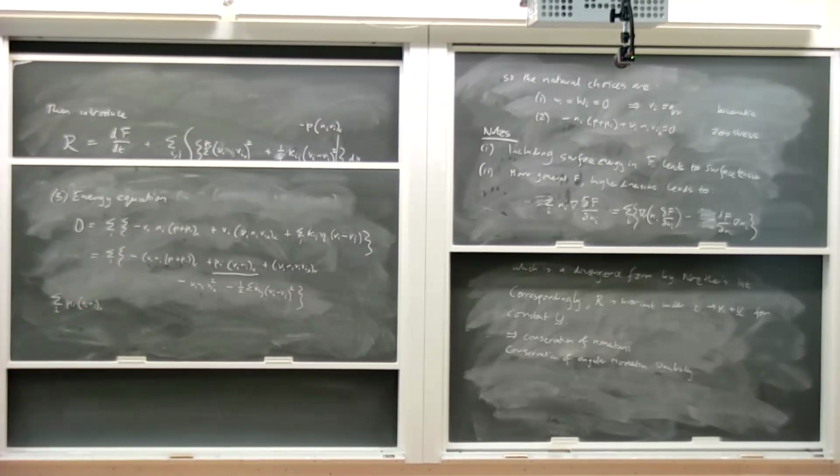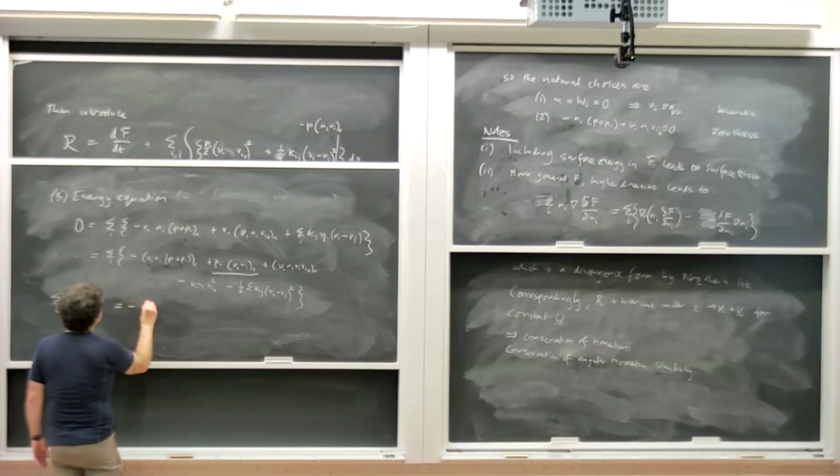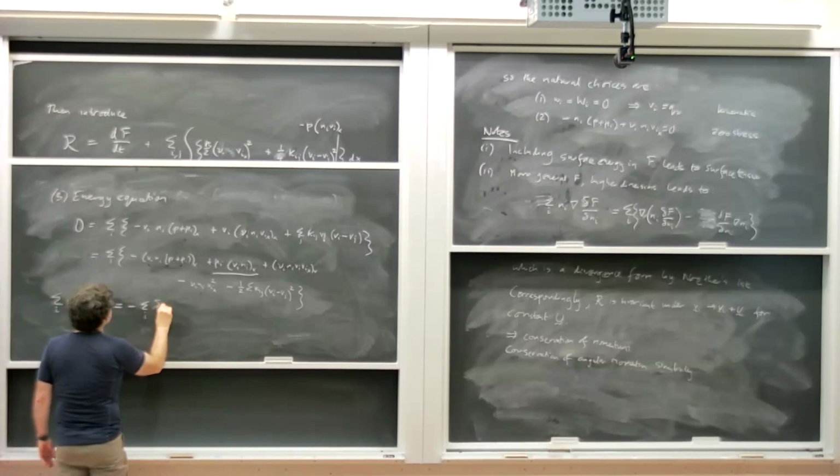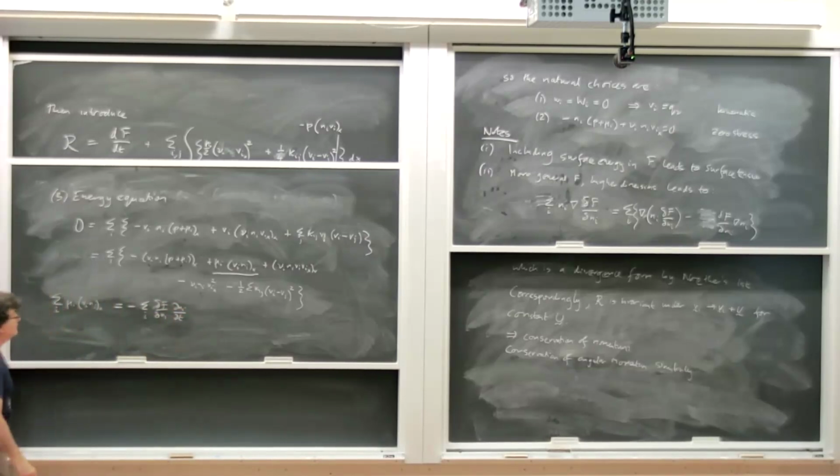But the first thing you notice is ∇·(v_i n_i) is exactly the thing that appears in the continuity equation, in the conservation of mass. So that's equal to minus the sum over i, recalling what the chemical potentials are, and keeping the thing more general now in order to see why Noether matters. And we've got the time derivative.